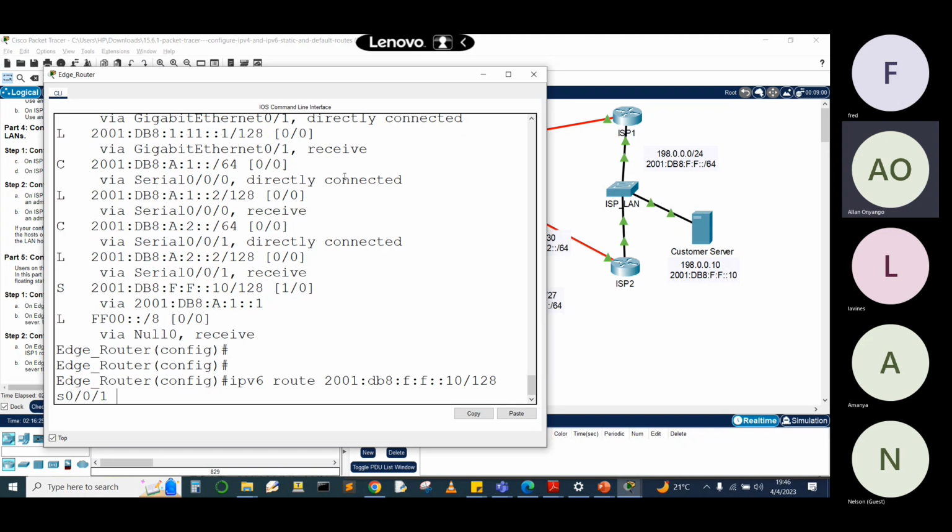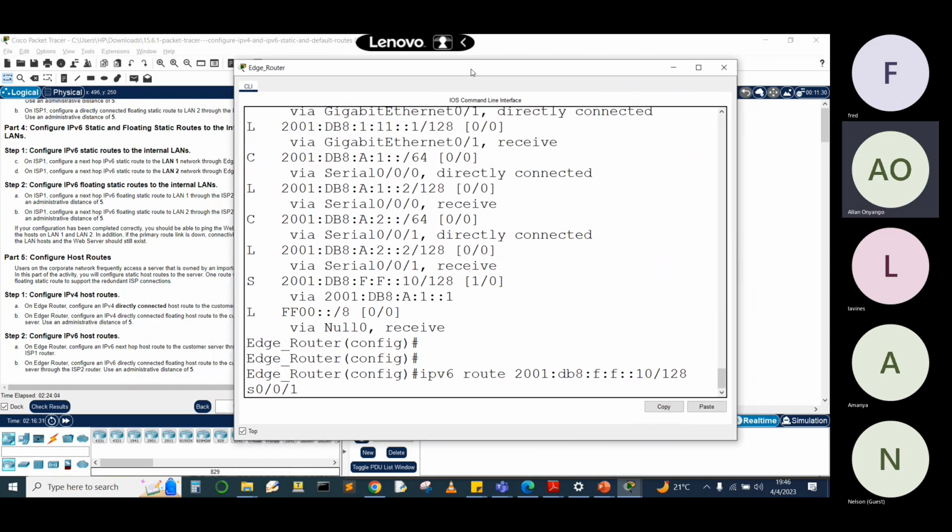And don't forget to put our AD of 5. Without that, it's not gonna work.